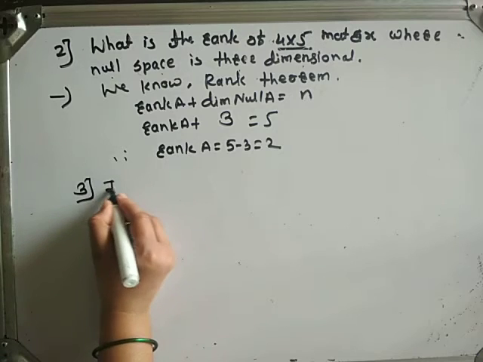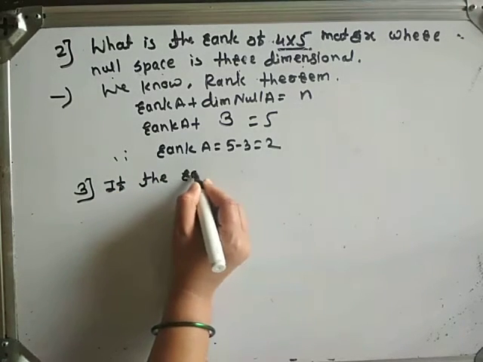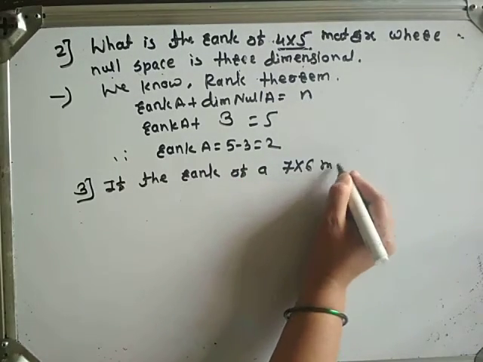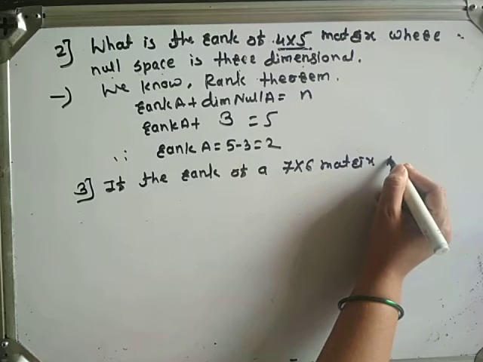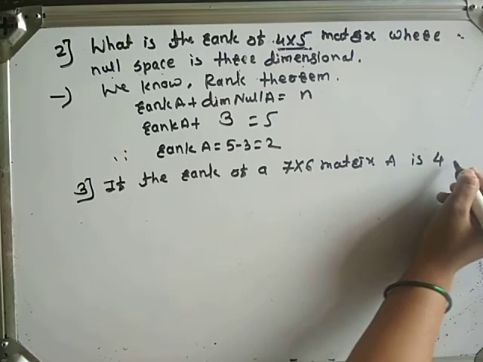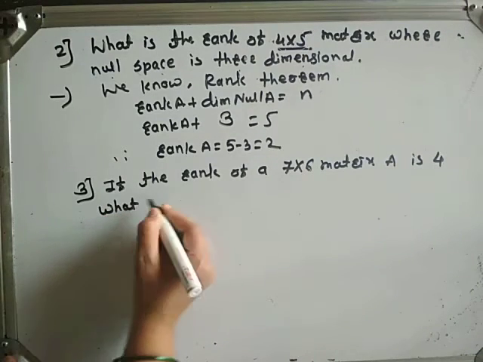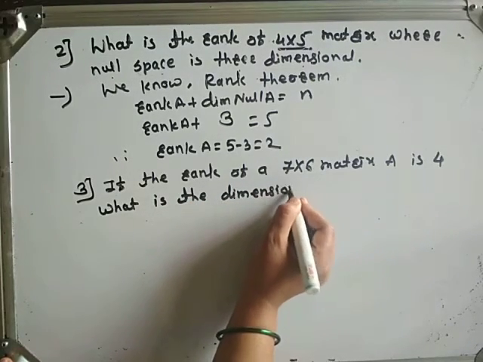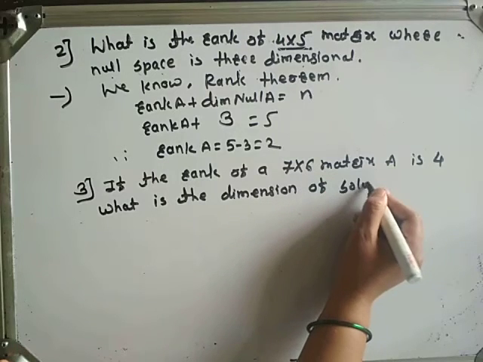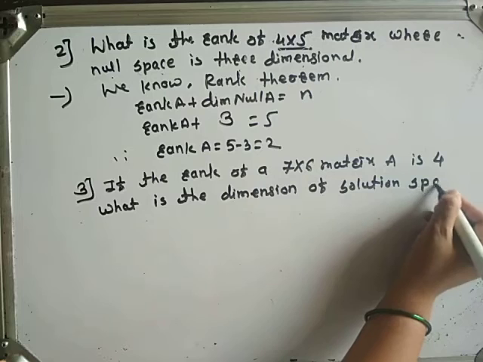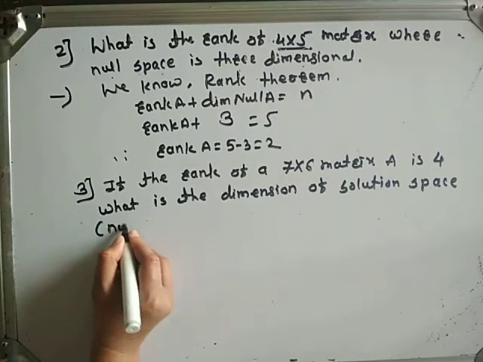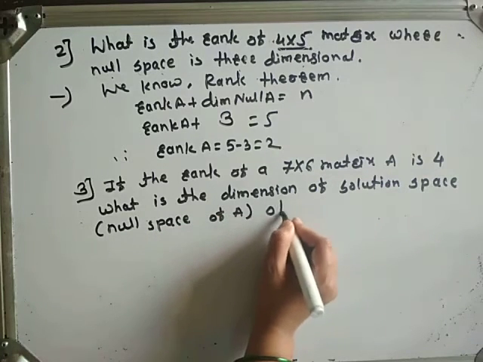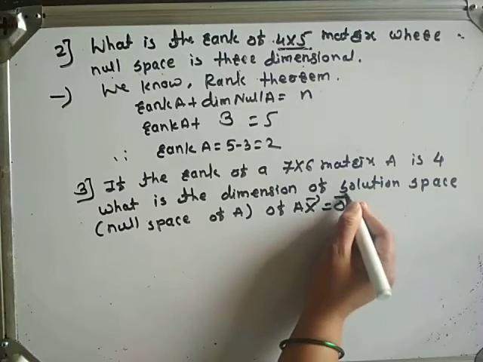Third example, if the rank of a 7 by 6 matrix A is 4, what is the dimension of solution space or null space of A, that is, A x bar is equal to 0 bar.